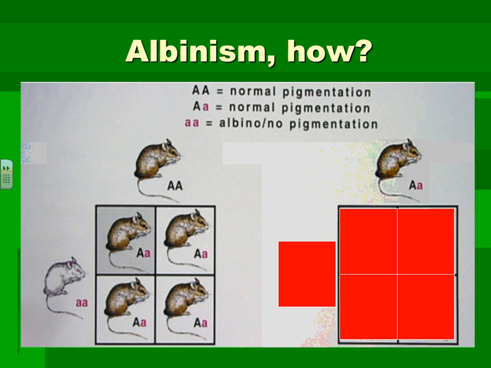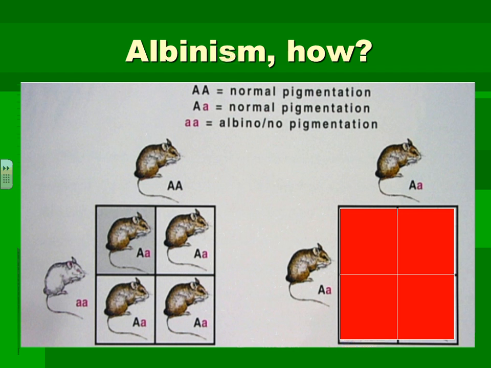Now let's say we take a brown rat, which actually has a dominant gene and a recessive gene, so you put the capital A in the top left box, and you put the recessive a, the lowercase a, in the top right. And you're mating it with another brown dominant recessive gene pair, capital A on the side left, and lowercase a in the bottom left.